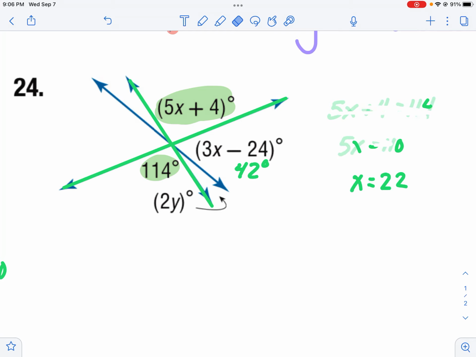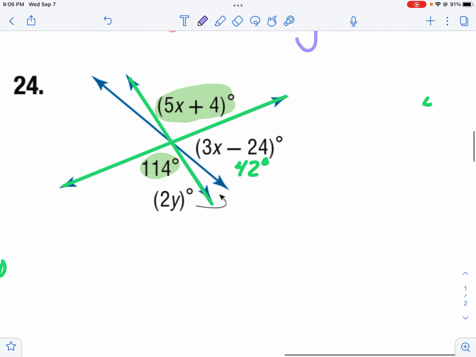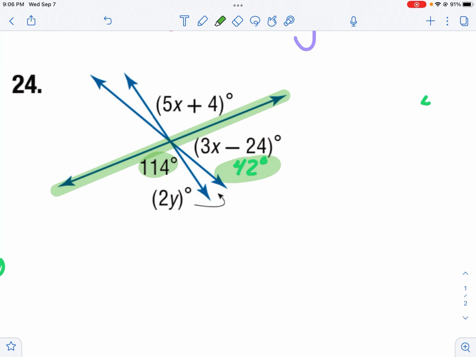Okay, well, if that's 42 degrees there, let me change to a different color. I could look at this set of angles here. The 42, the 2y, and the 114 together make a straight line.